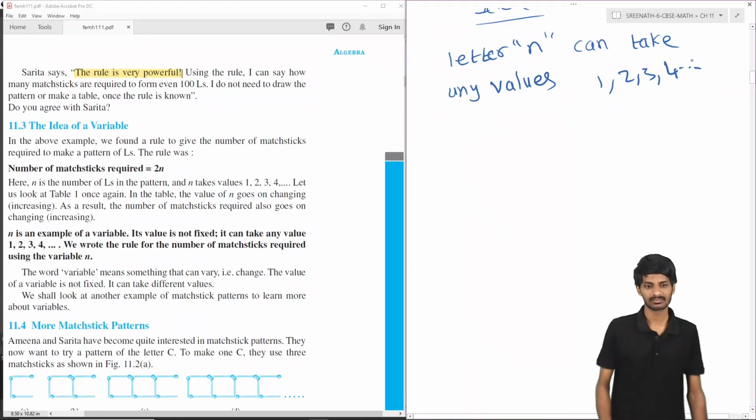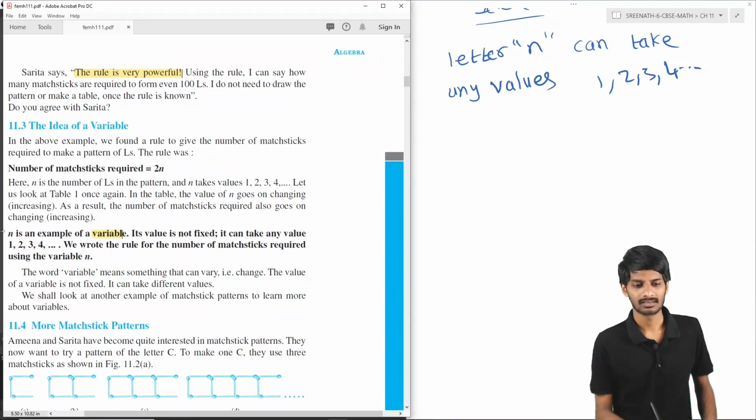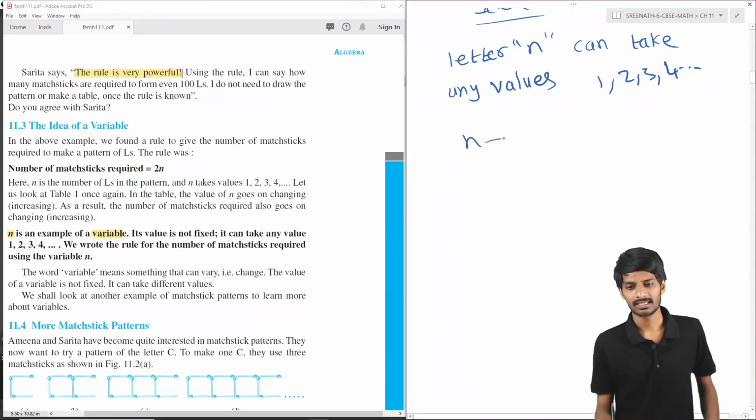Okay, students. So n is an example of a variable. n is nothing but a variable, students.